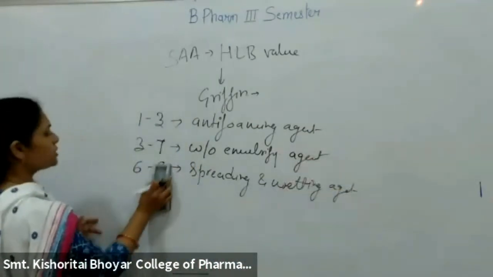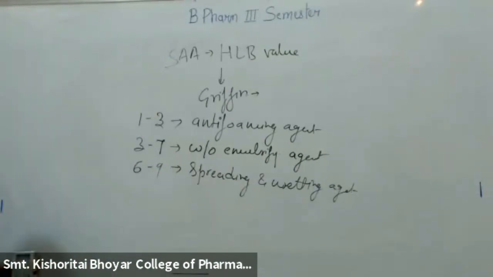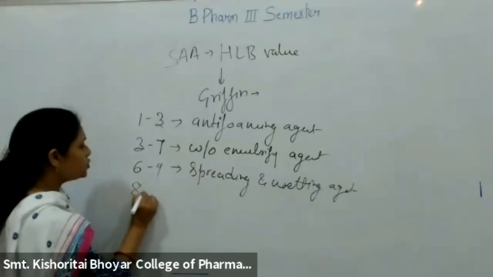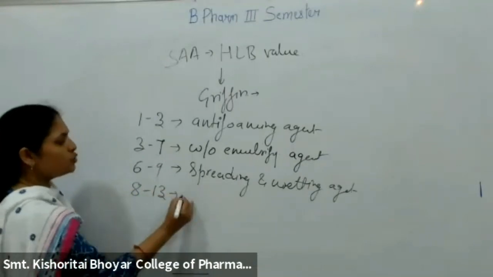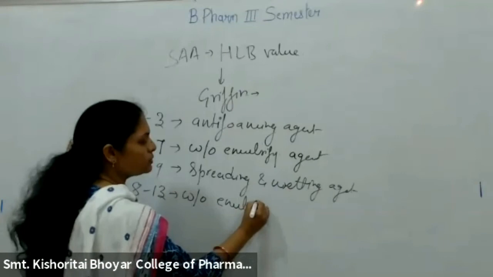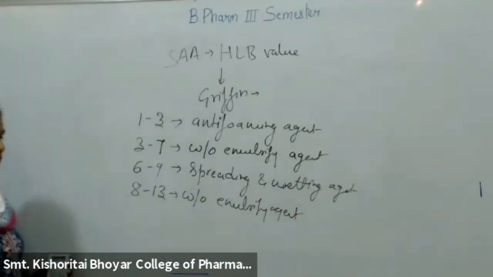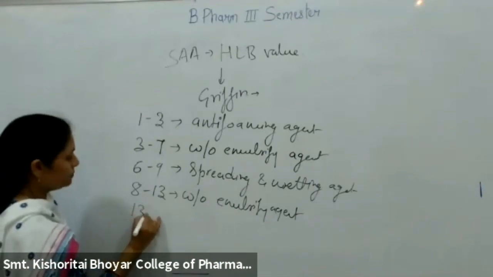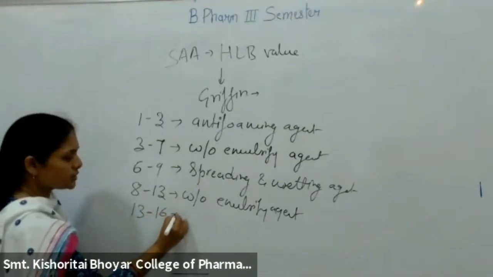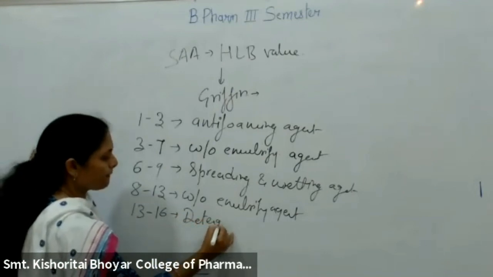Or it is between 6 to 9, it is used as a spreading and wetting agent. 8 to 13, it is used as an OW type of emulsifying agent. 13 to 16, it is used as detergents.